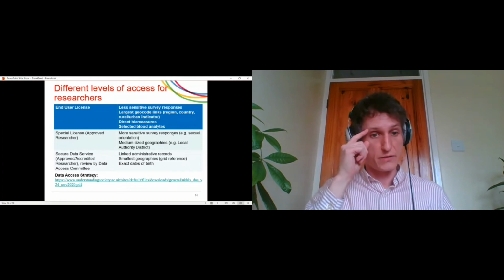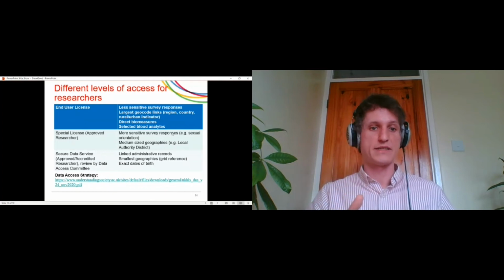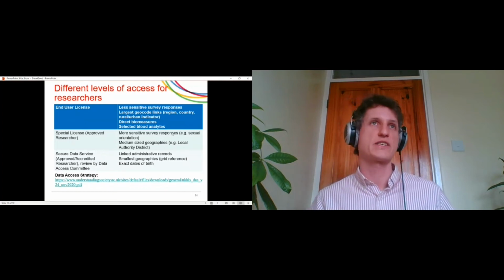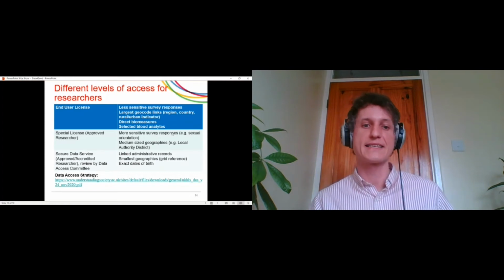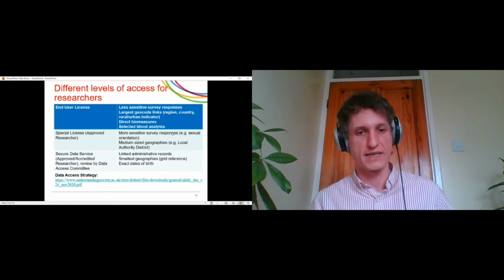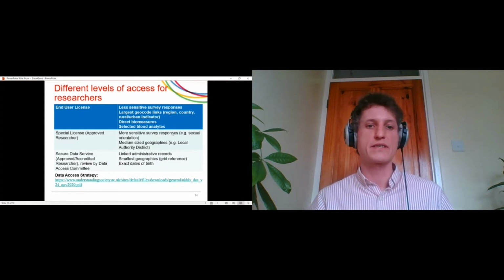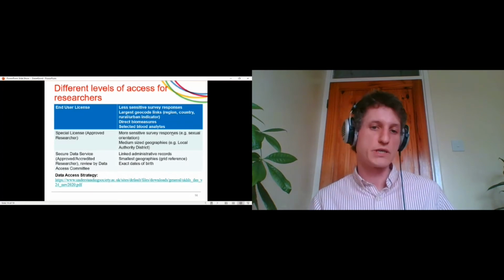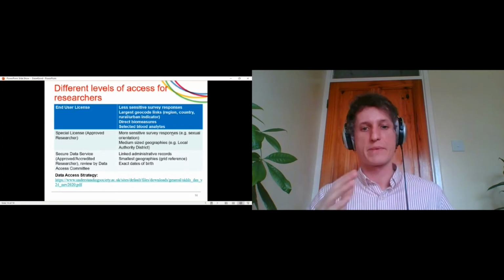And finally, there is also the Secure Data Service, which is not only a separate license, it is a different way of accessing data. Because for the Secure Data Service, you can't download the data, you access it remotely through a special platform.